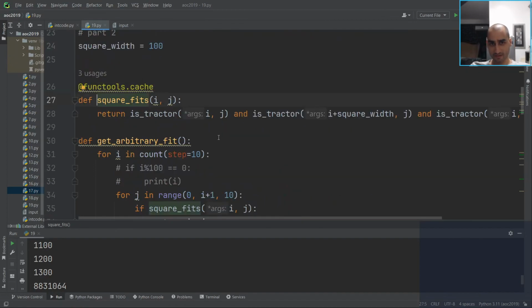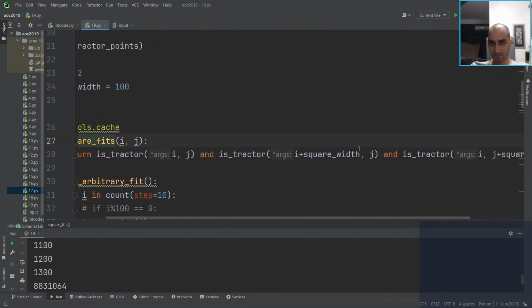Square fits. This should be -1 here. Hang on, let me think. So if it's a square of width 2, top left corner, the top right corner will be the top left corner +1. Oh my god.